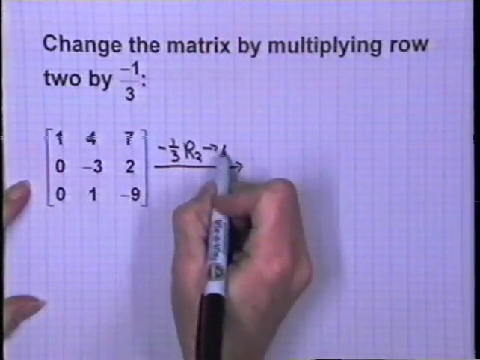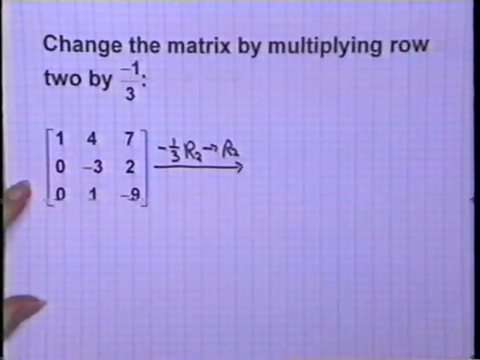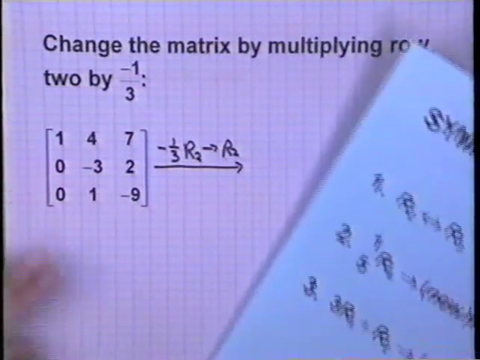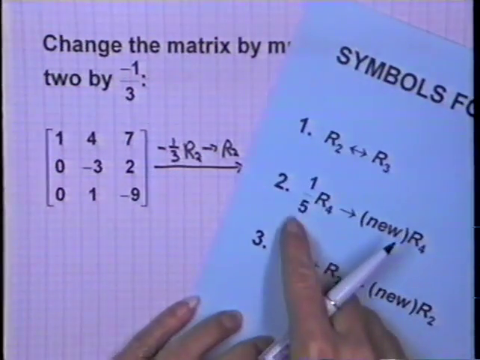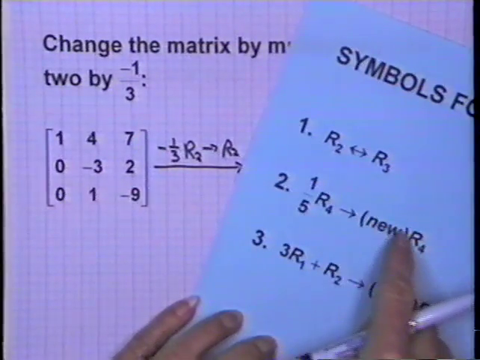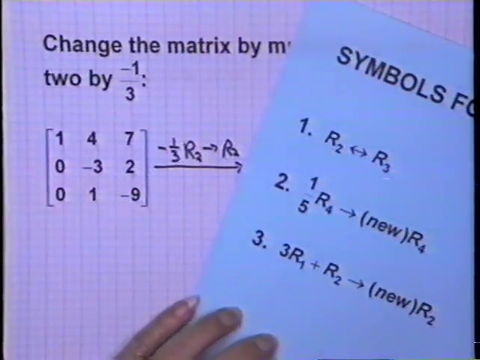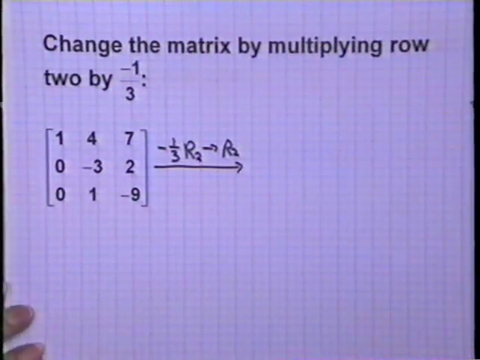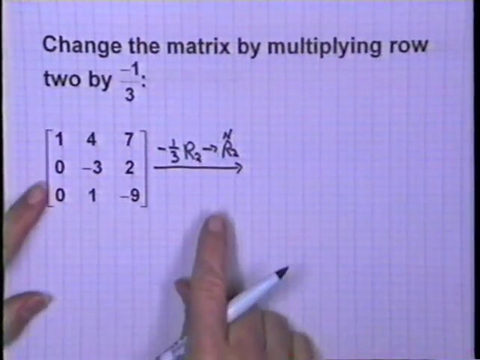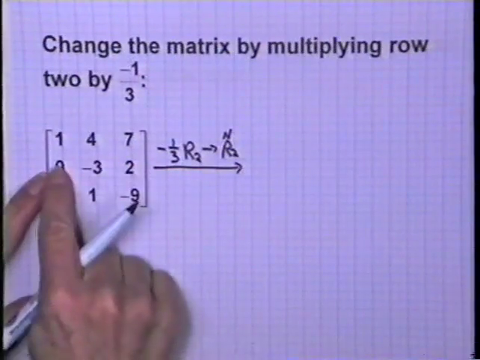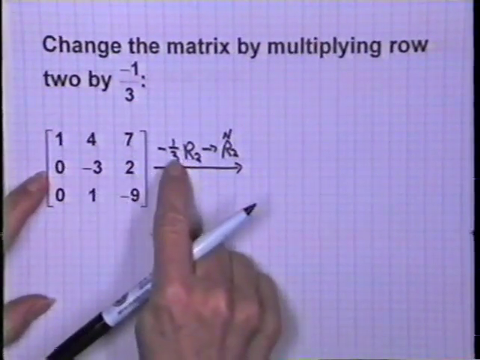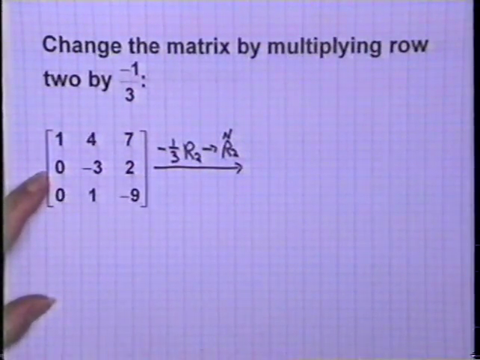Notice this becomes my new row number 2. Let's look at what this said right here. 1/5 times row number 4 becomes my new row number 4. Now I did not write the word new. Sometimes I'll just put an N there for new row 2. The important thing is that you understand we're going to change row 2 by multiplying it by negative 1/3.